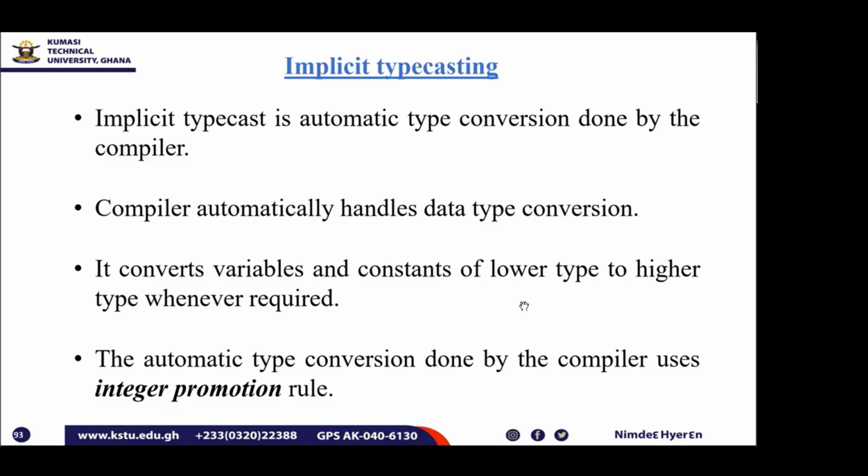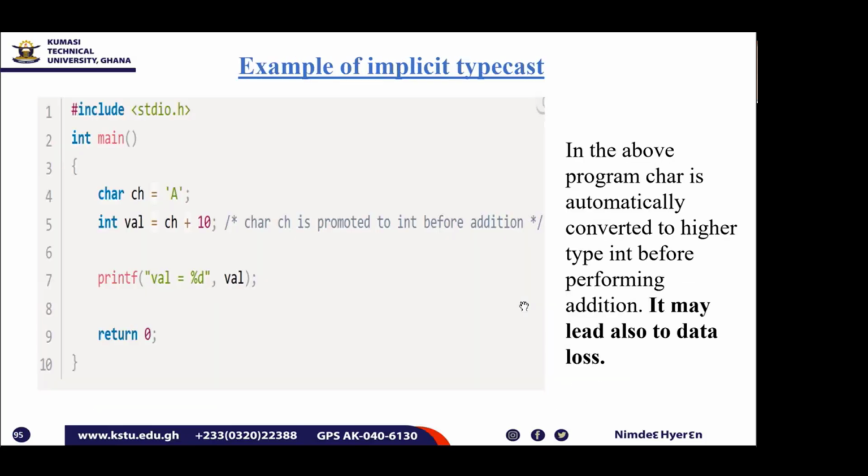The automatic type conversion done by the compiler uses the integer promotion rule, which means that the compiler will automatically set the data type to an integer.